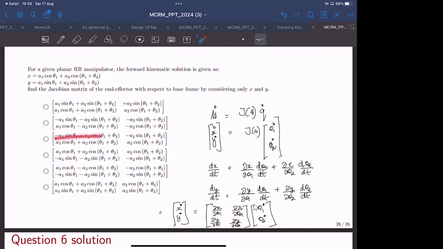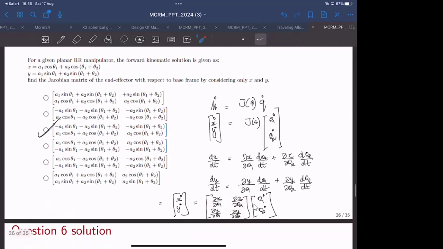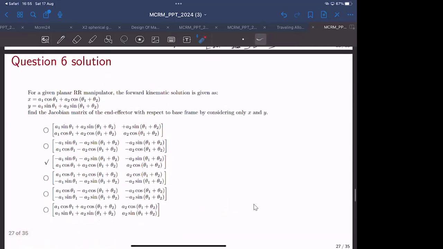I believe the answer should be option C. If you do the partial derivatives correctly to this forward kinematic equation, you will get the Jacobian matrix as so. Yes, the answer is indeed option C.